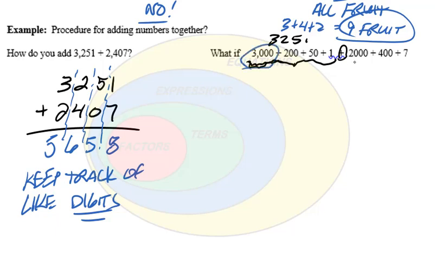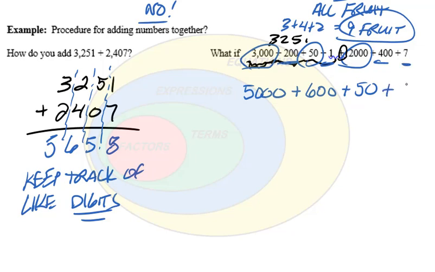So here's thousands and thousands. So 3,000 and 2,000. I can combine those to get 5,000s. They're both thousands. 200 and 400. Those are like terms. They're both hundreds. So I can combine those together to get 600s. 50, well, there's only one number that's a tens, and then the ones, 1 and 7, would be 8.